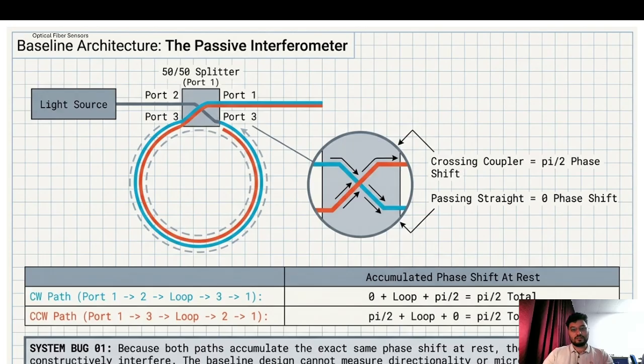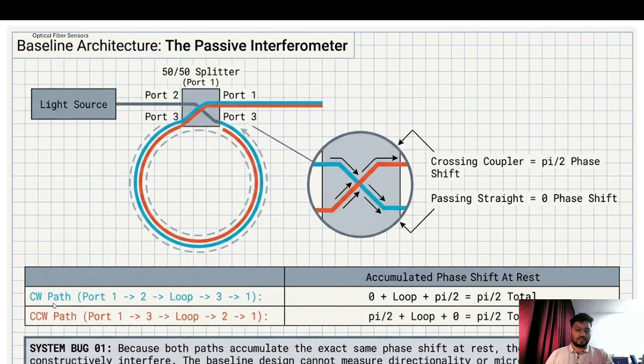Baseline architecture: the passive interferometer. In a passive interferometer there is a 50-50 splitter with 4 ports, and you can see here how the cross coupling shift happens, which is a pi by 2 phase shift, and the passive state is a theta phase shift.